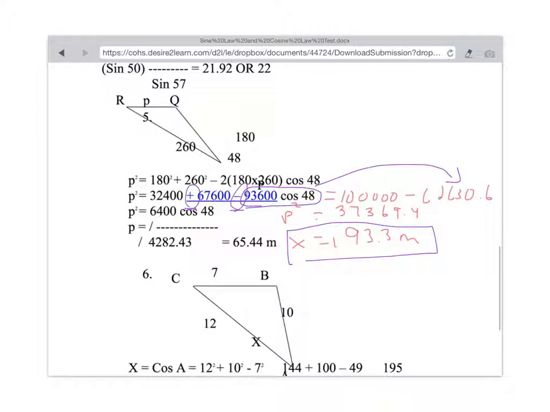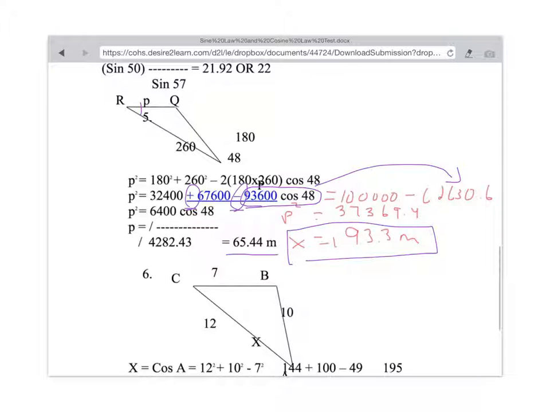The other thing that you want to consider is that the smallest side is always opposite the smallest angle, and the biggest side is always opposite the biggest angle in a triangle. And so sometimes if we ask ourselves at the end of the question whether or not that rule seems to hold, it's a good way of catching an error that you might have made. In this case, you don't have the value of angle R, so it's hard to compare.